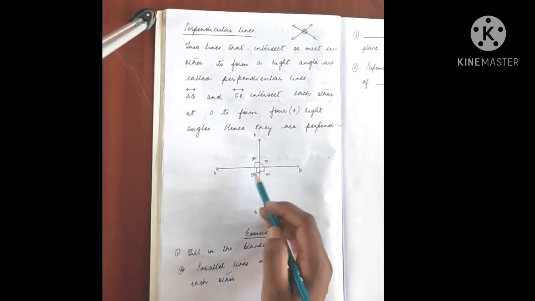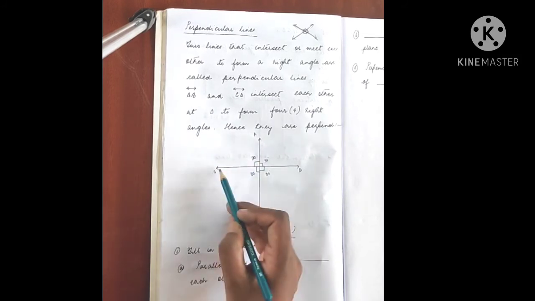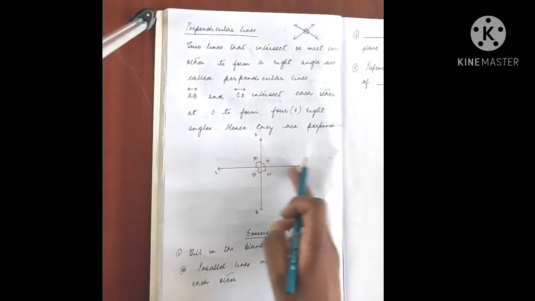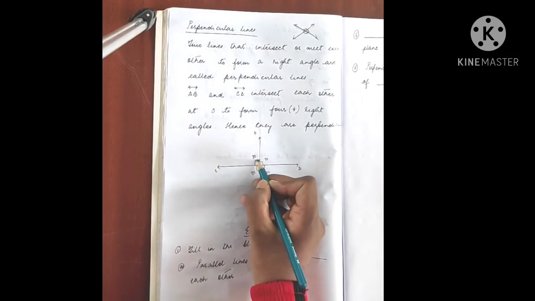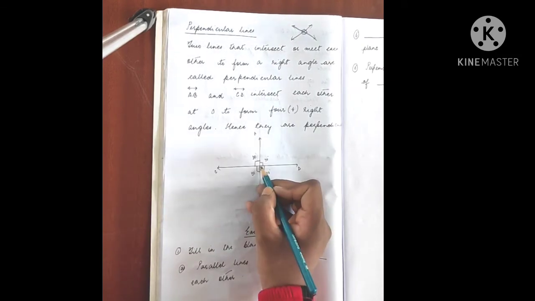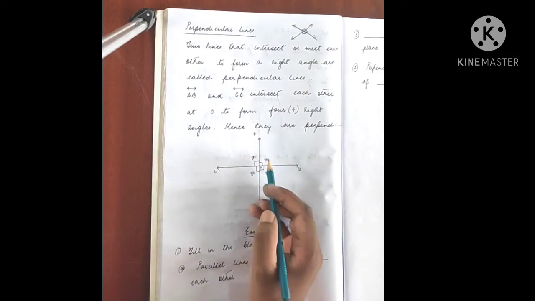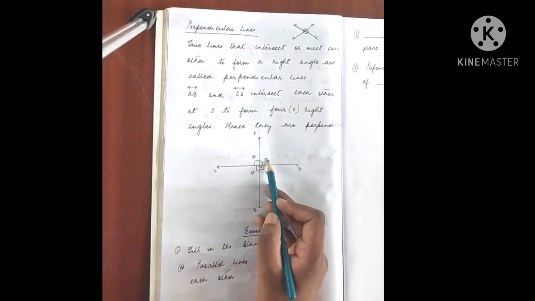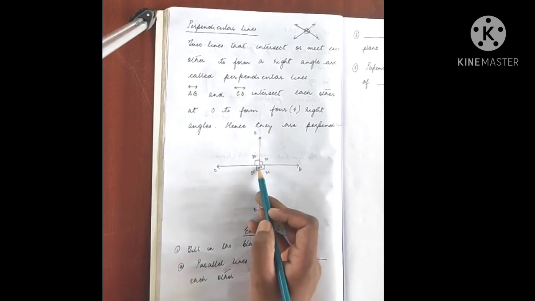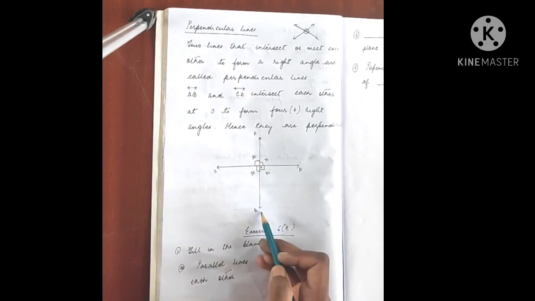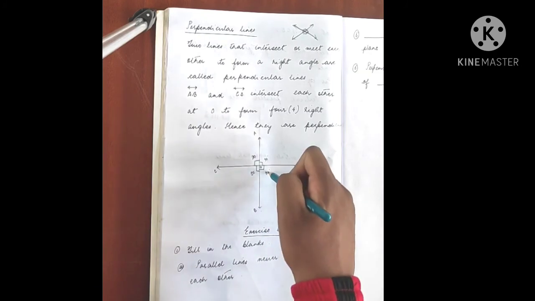But if these two lines, AB and CD, intersect each other at a right angle, that means at 90 degree. If the center point is O, you will find angle AOC is 90 degree, angle AOD is 90 degree, angle BOC is 90 degree, and angle BOD is 90 degree.